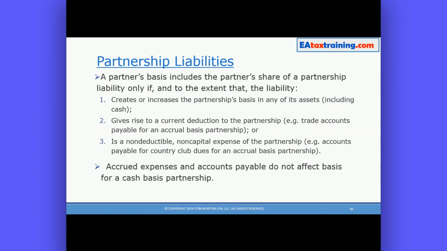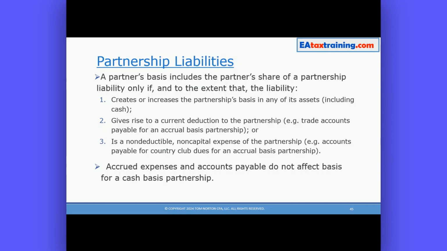Partnership liabilities. As we said, a partner's basis in the partnership, their outside basis, includes the partner's share of partnership liabilities, but only if and to the extent that the liability creates or increases the partnership's basis in any assets, including cash.